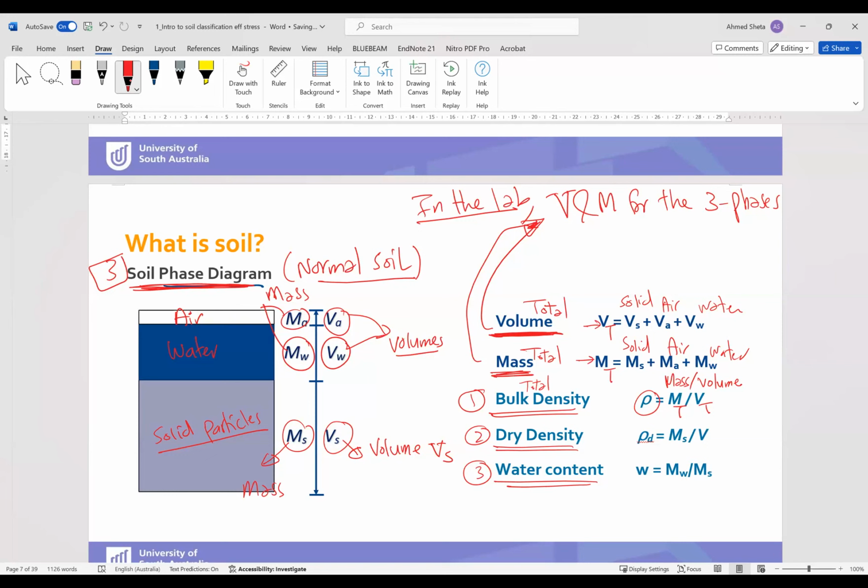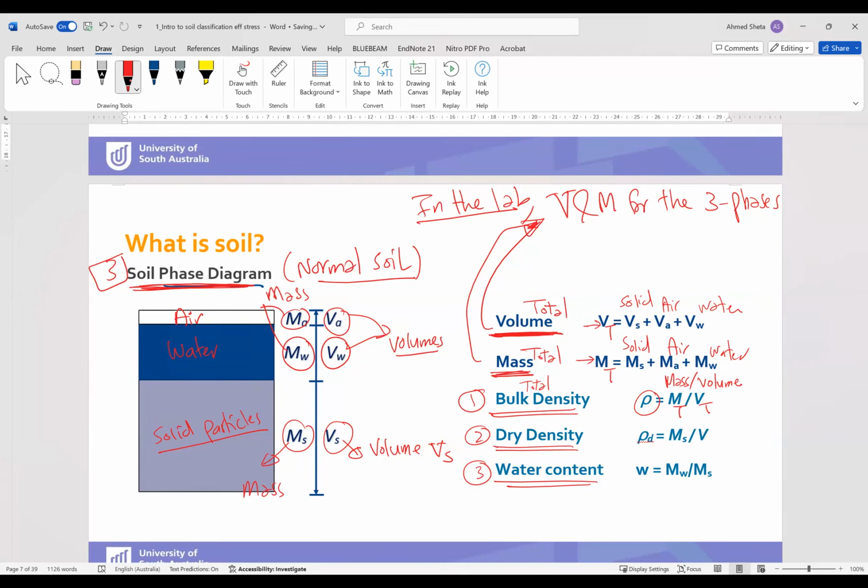We have another expression called dry density. What is meant by dry density, if you can have a guess? Dry density means that we exclude the water, so we are just focusing on the solids.